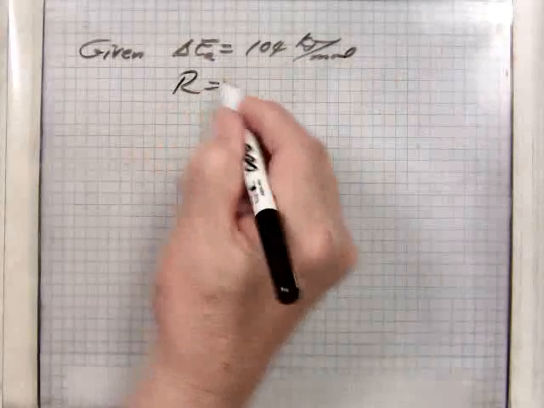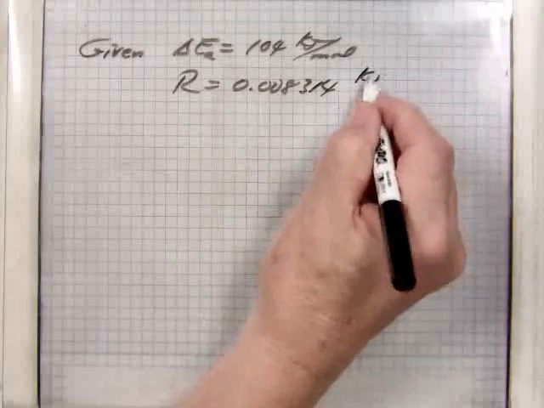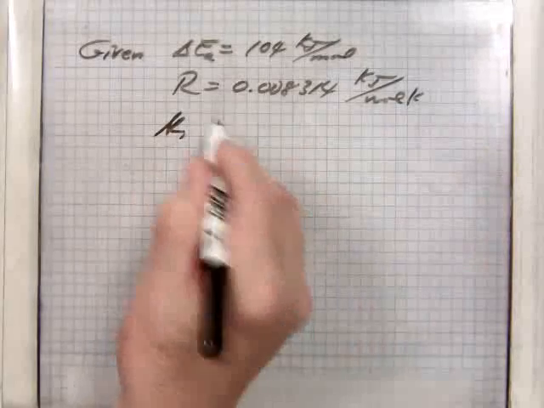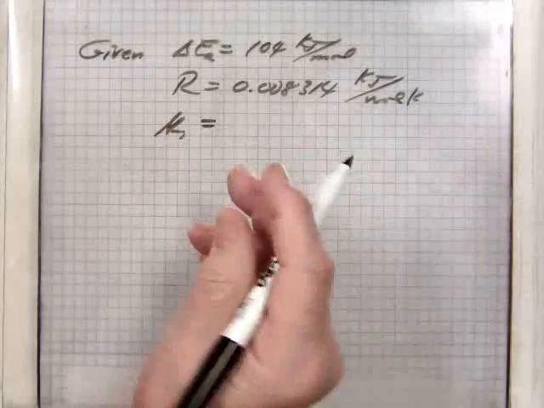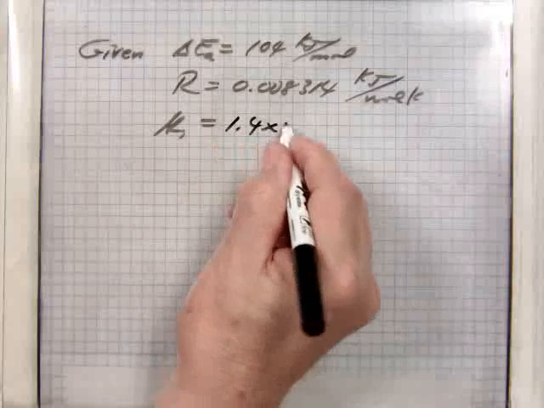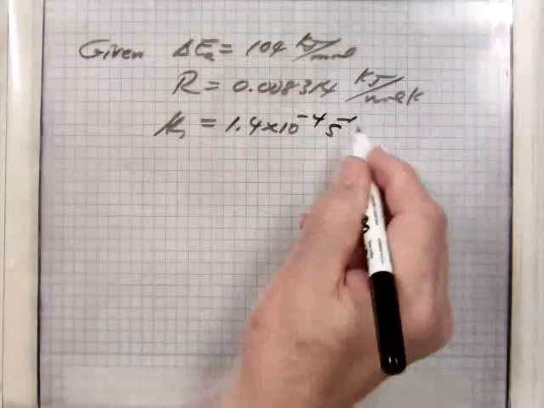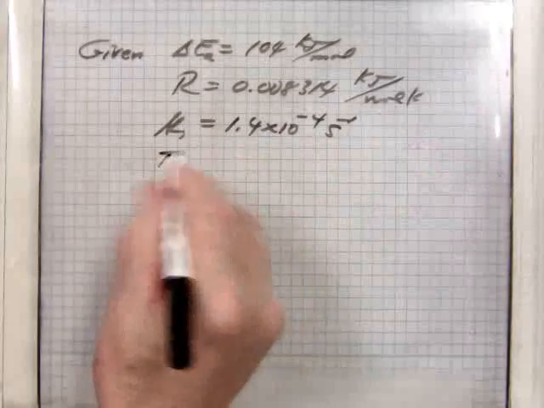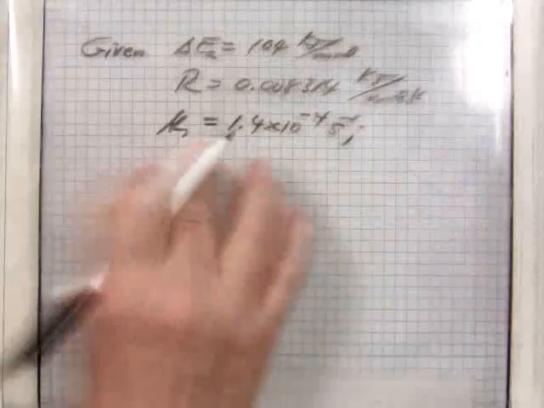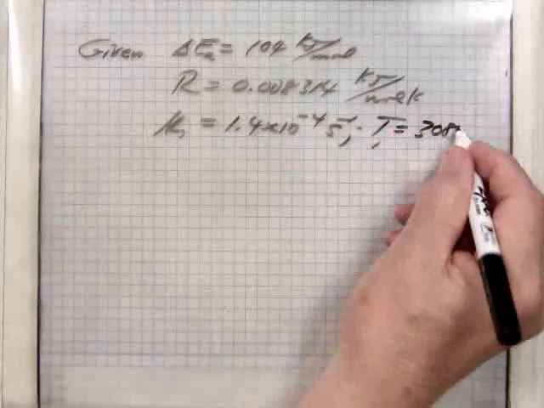R value 0.008314 kilojoules per mole Kelvin. K1, we can use that one or K2, it doesn't matter, is 1.4 times 10 to the minus 4 seconds to the minus 1 at T1, which equals 308 Kelvin.